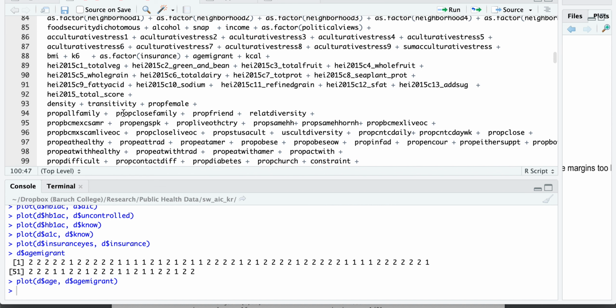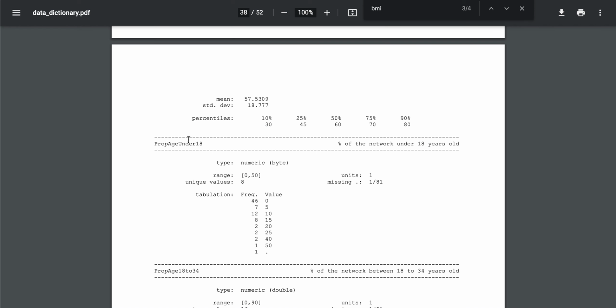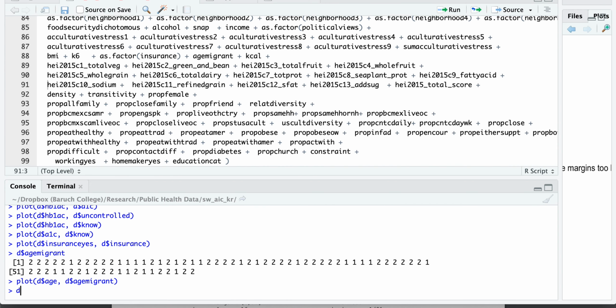Okay, density, transitivity, take this up. Okay, prop age under 18.